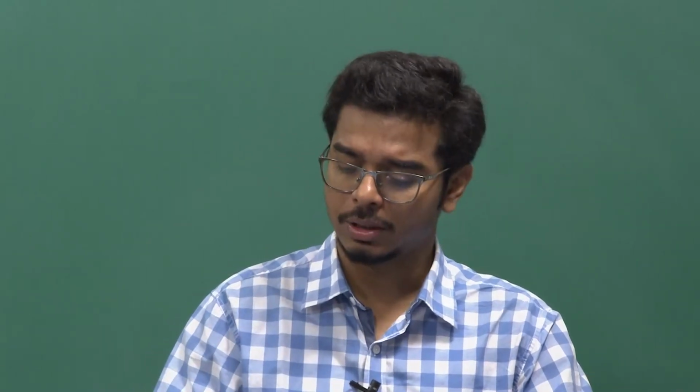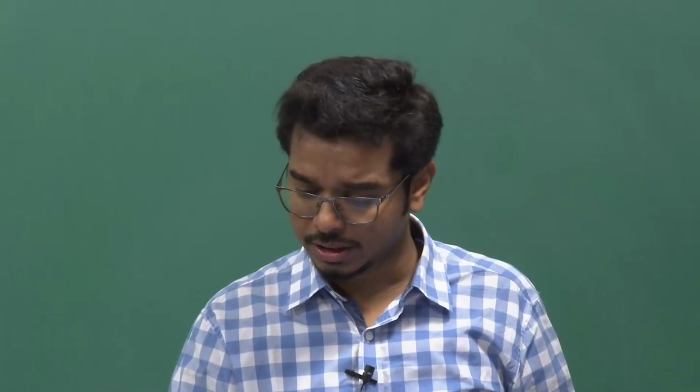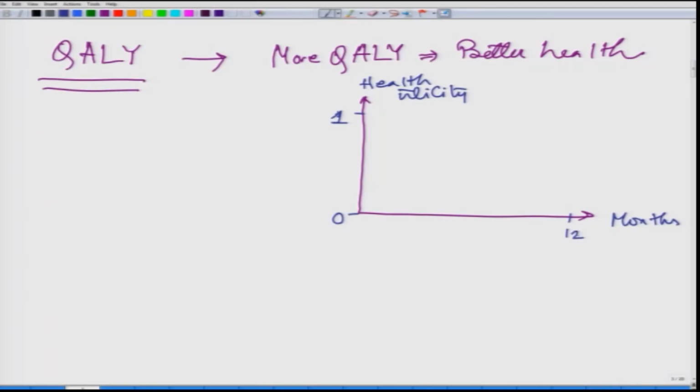We are taking the example of months here, and let us take that this is 12 months during a particular year. Every unit is 1 month, 2 months, 3 months and so on, and then we have seen for a particular individual that for 4 months the QUALY was something like 0.8. So here was the point, 0.8 and 4 months.